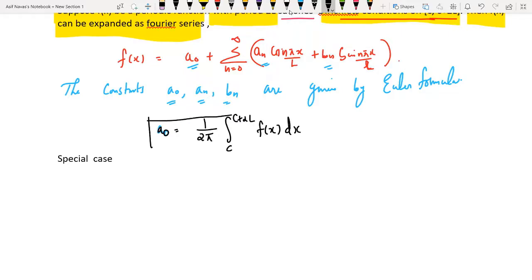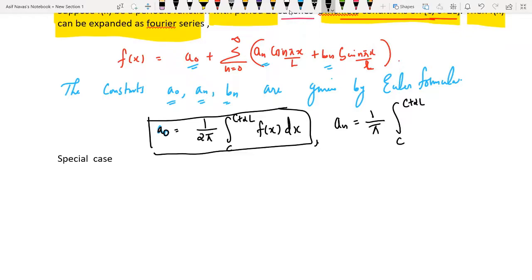This is a naught. And an is equal to 1 by l integral c to c plus 2l f of x into cos n pi x by l dx. This is an.